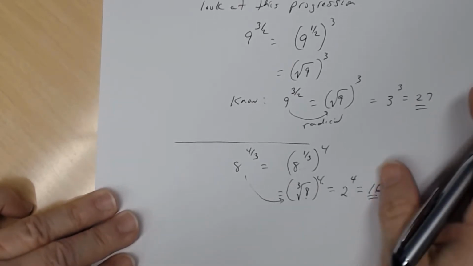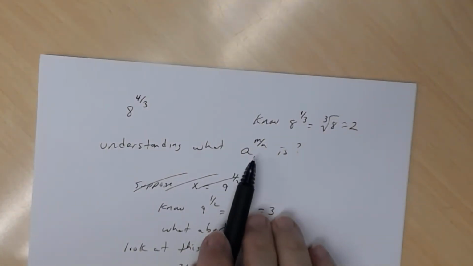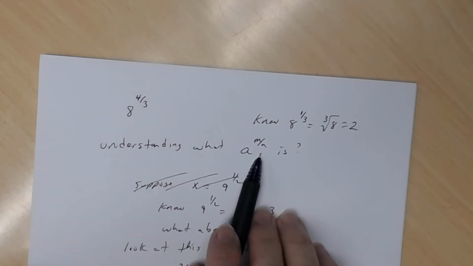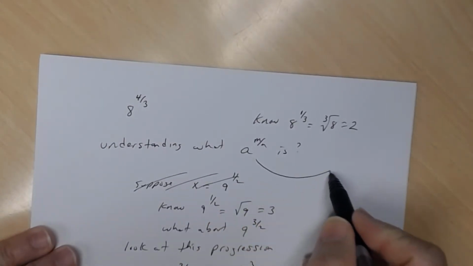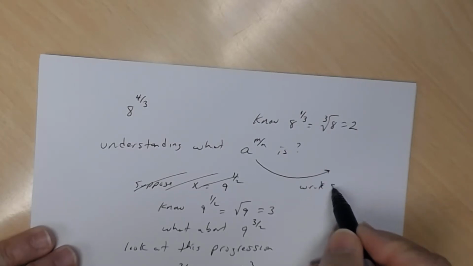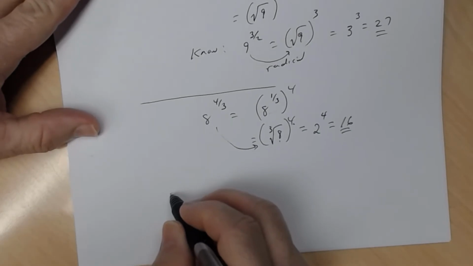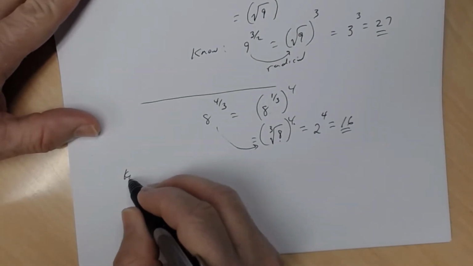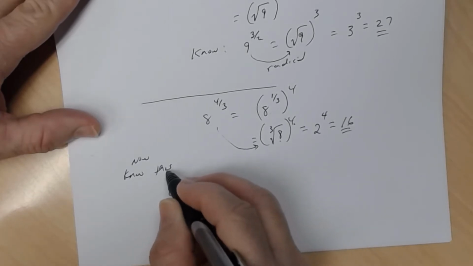Okay? So now we are trying to understand what a to the m divided by n is. This rational exponent I can write as, let's go ahead and do that here. We now know this.